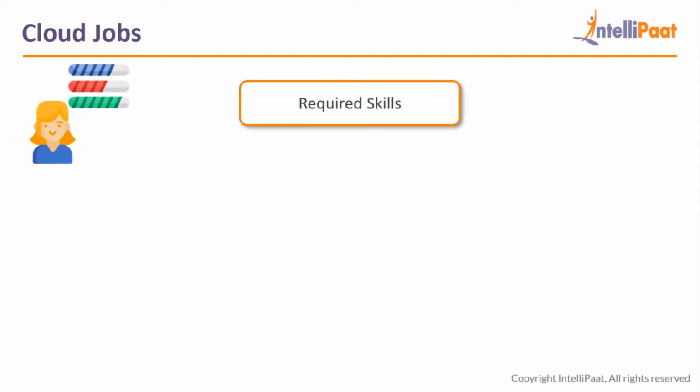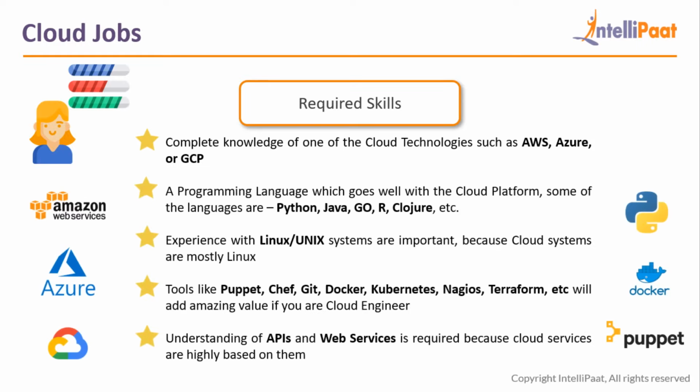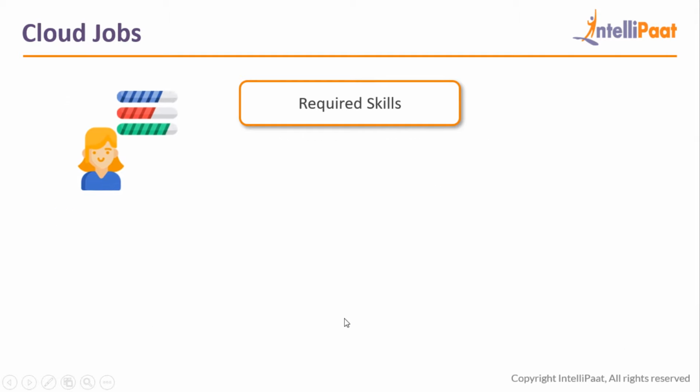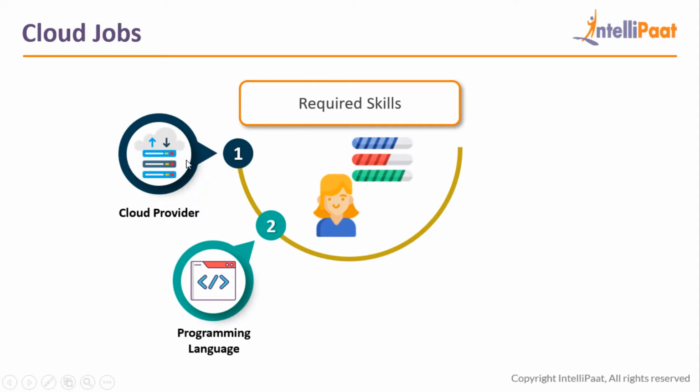Having said that, what are the skills that we have roughly talked about? You should know AWS, Azure, GCP, you should know Python, you should know Linux, you should know these DevOps tools, you should know about APIs, web services, and how full stack applications work. So you should know all the three cloud providers, that is AWS, Azure, and Google Cloud.